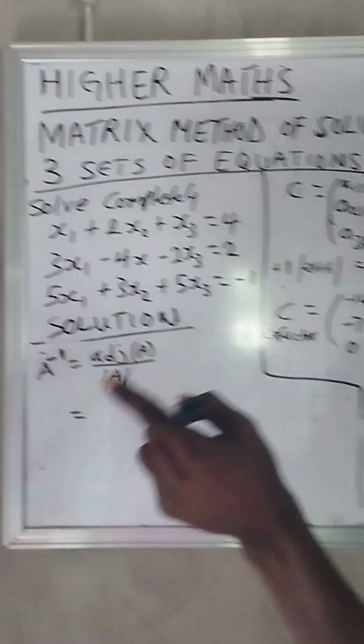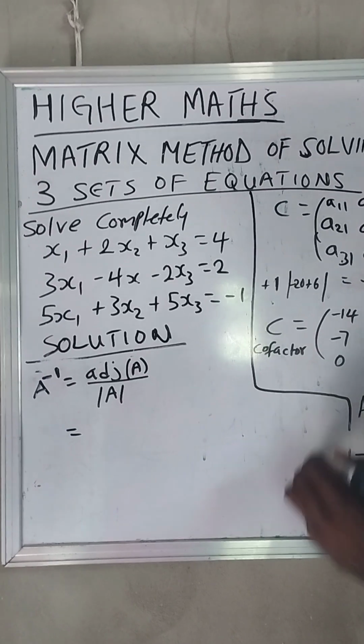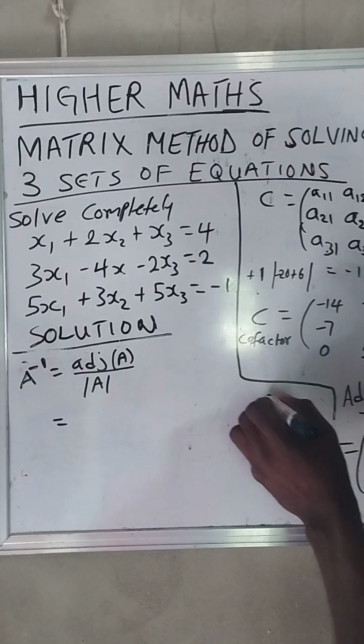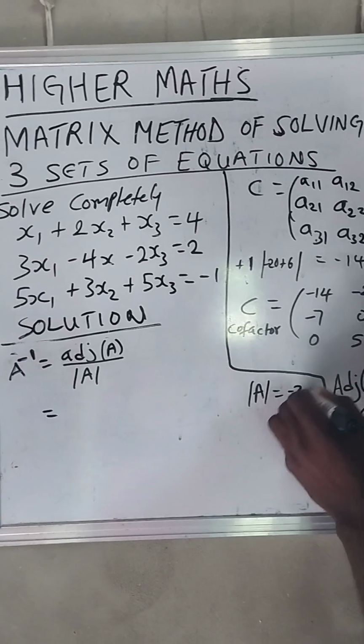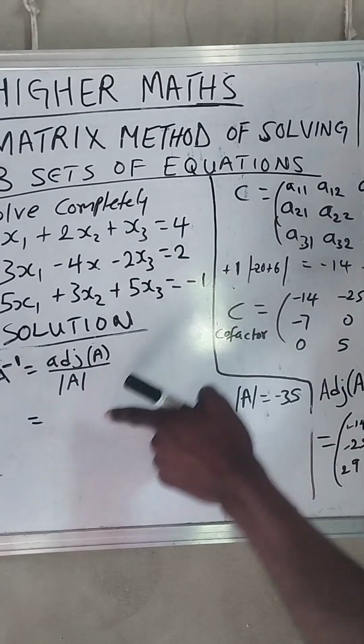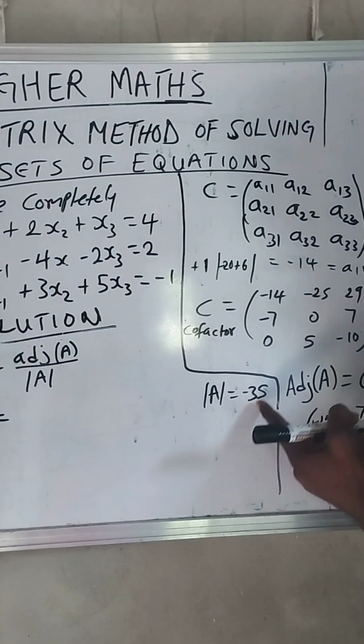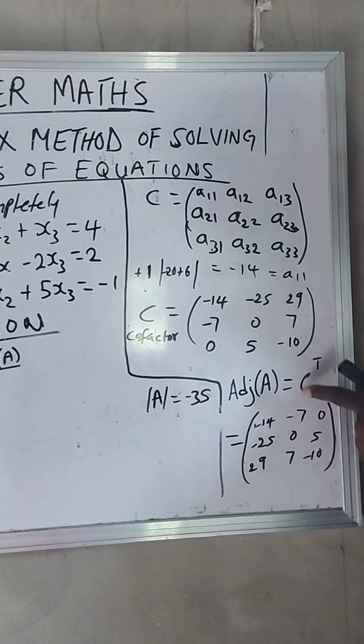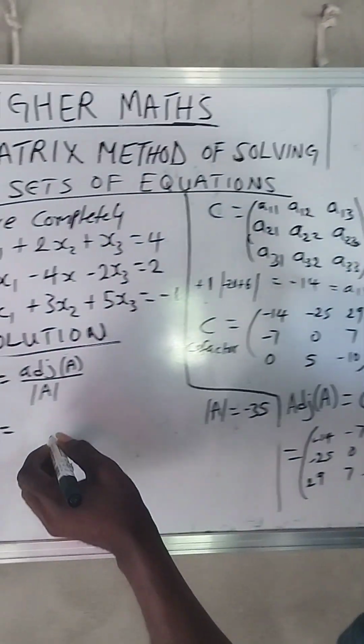Don't forget, we calculated our determinant to be minus 35. Don't forget where we started. Our determinant was negative 35, and this is our adjunct. So we'll bring them together.